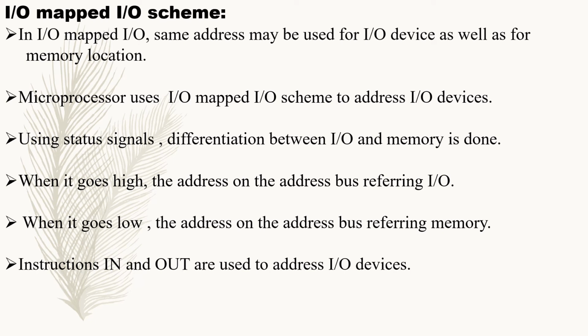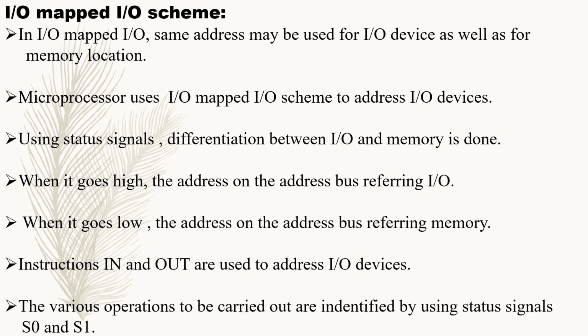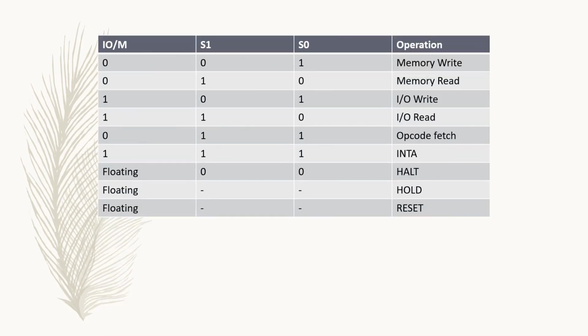So what I am going to do is use a status signal in order to differentiate it. The various operations that are carried out are identified by using status signals S0 and S1. Students, we have explained this concept in the control signals, and here is a table. The status signal is IO/M bar.